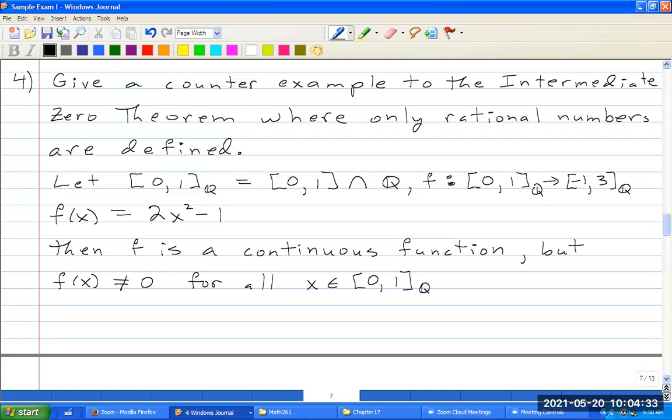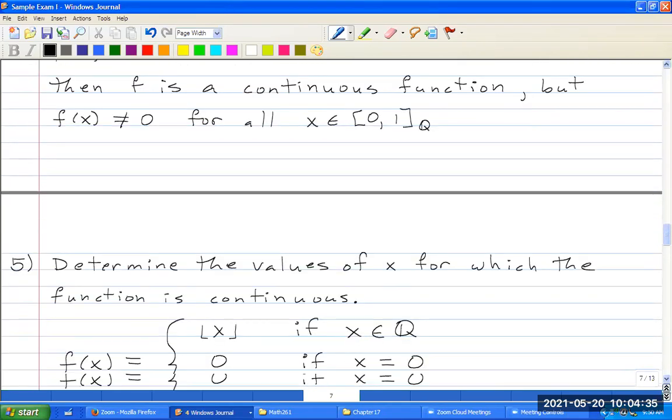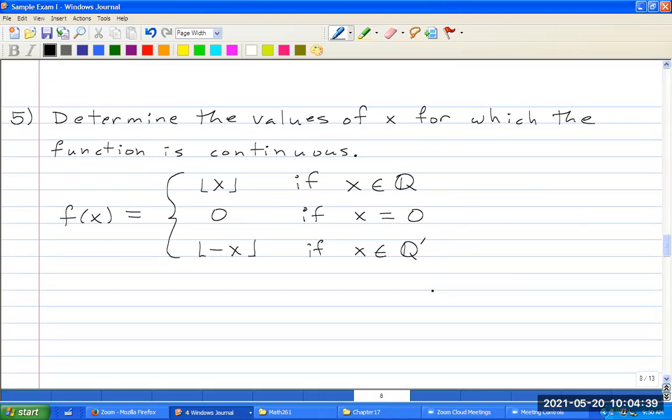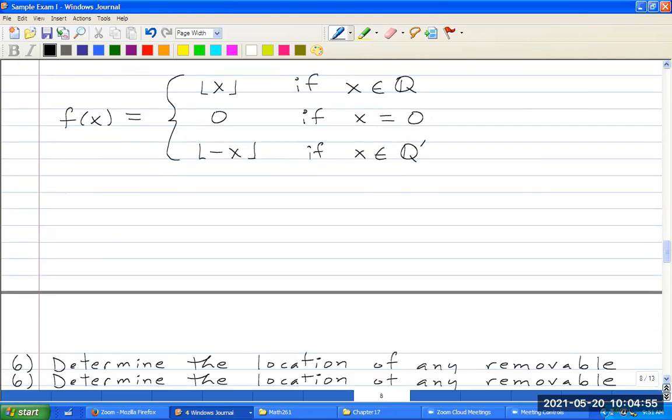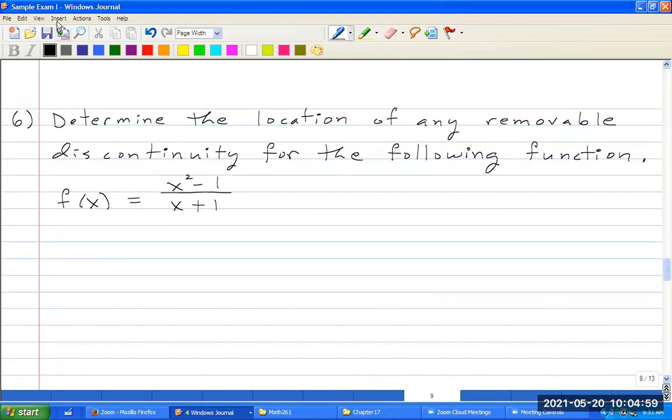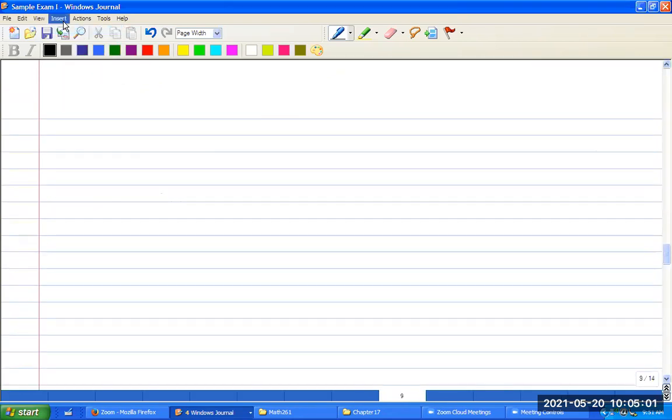Okay, let me determine the values for which this function is continuous.